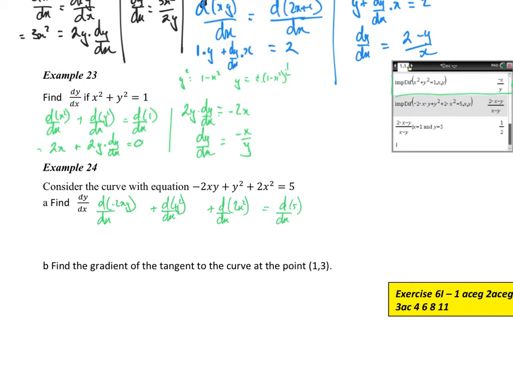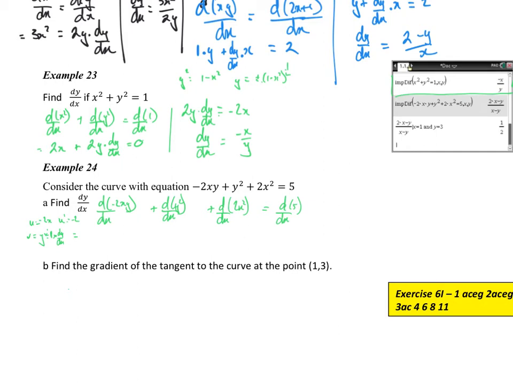Now, first term, we've got a product of terms. So again, in your head, my functions are negative 2x and y, and the derivative of negative 2x is simply negative 2, and the derivative of y is dy dy, which is 1 times dy dx. So that's v dashed.